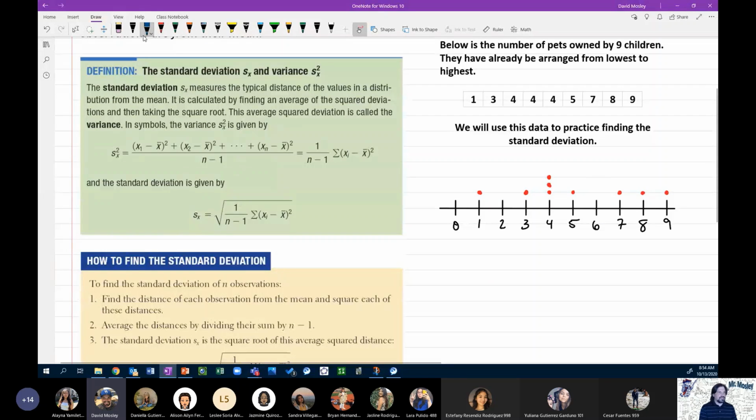So x bar is going to be 1 plus 3 plus 4 times 3 is 12, plus 5, plus 7, plus 8, plus 9, all divided by 9. 16, 21, 28, 36.